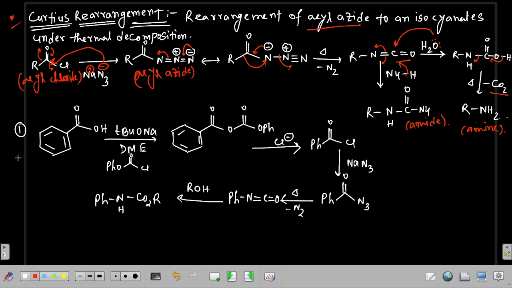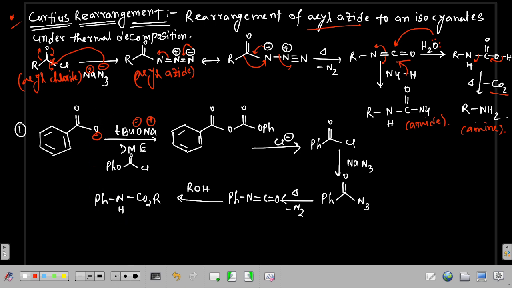We have another example, like this is a carboxylic acid. So in presence of sodium tert-butoxide, this is a base, so this will abstract the proton of this carboxylic acid, and it will form this anion of this carboxylic acid.